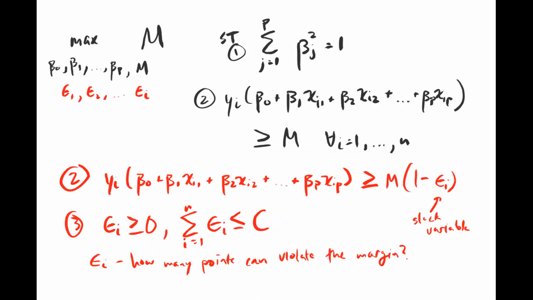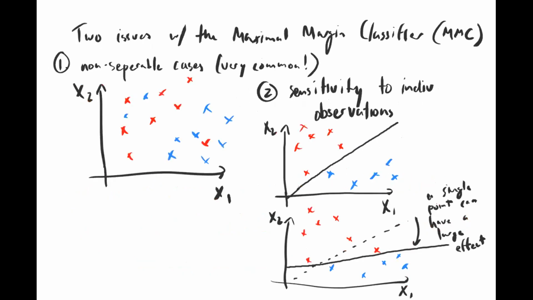And by doing that, you're solving both of these issues. You have non-separable cases, because now I can draw a hyperplane and I might have a margin here and a margin here.